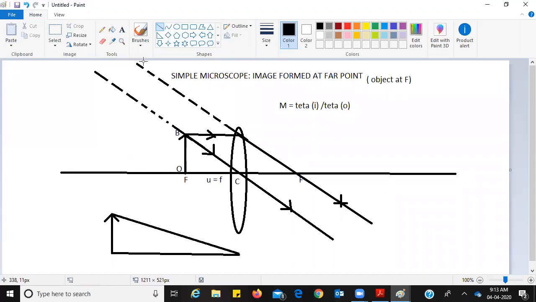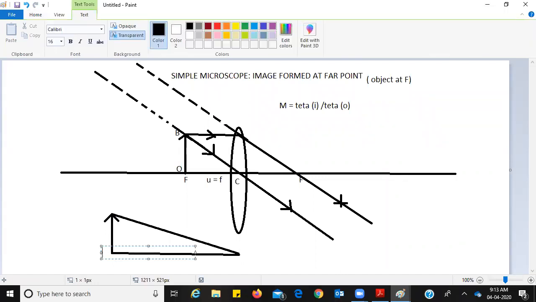I'm giving the letters like that: O becomes O dash, B becomes B dash.